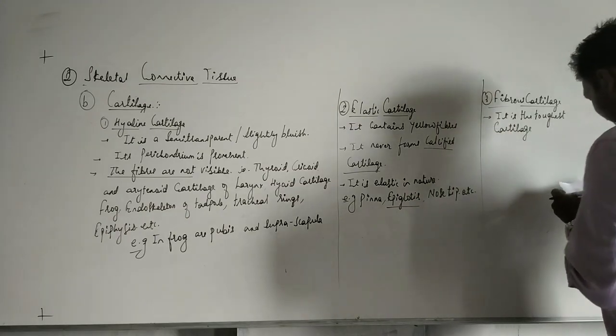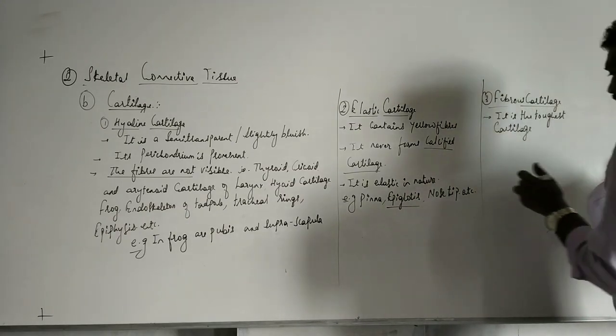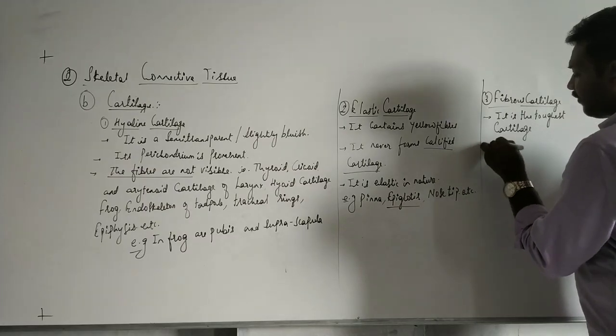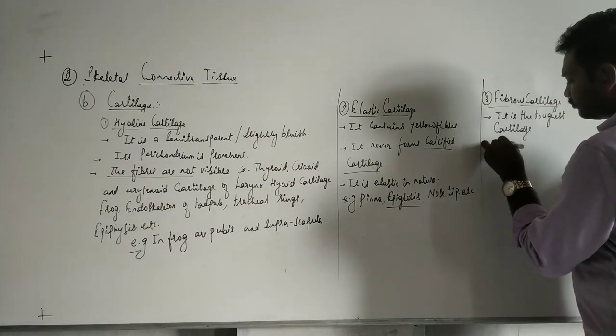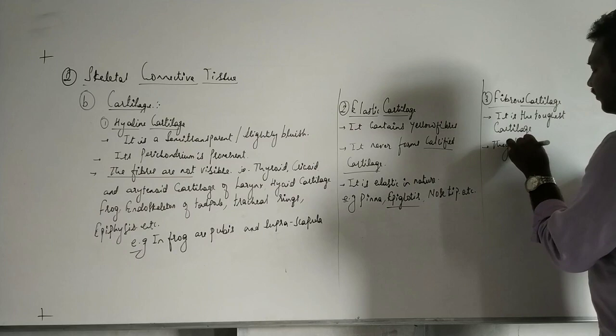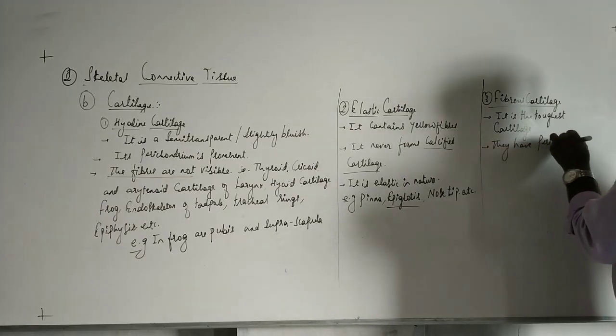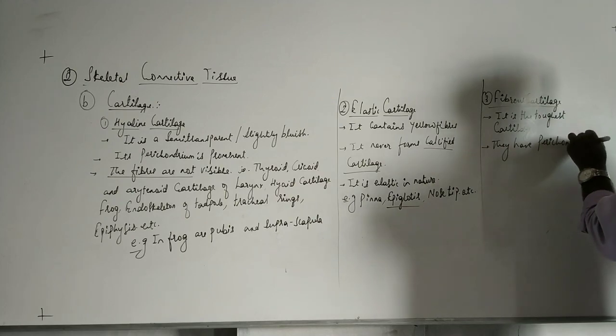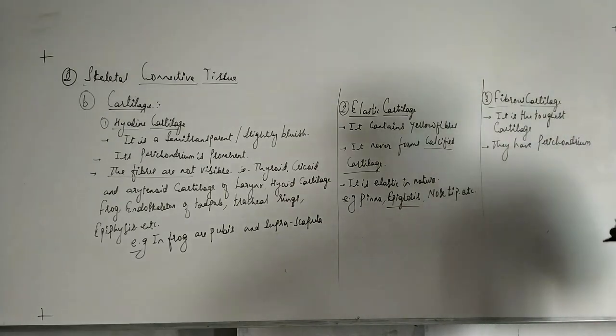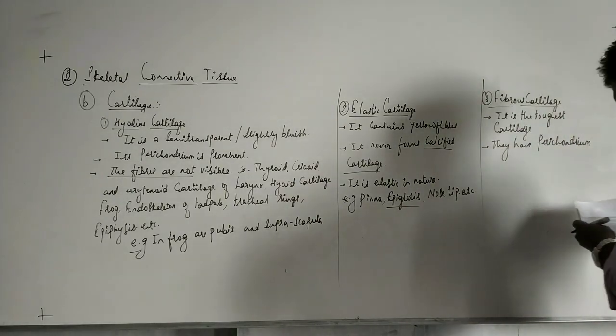It is the toughest cartilage. Okay, they have perichondrium, that is the outer covering of the cartilage.